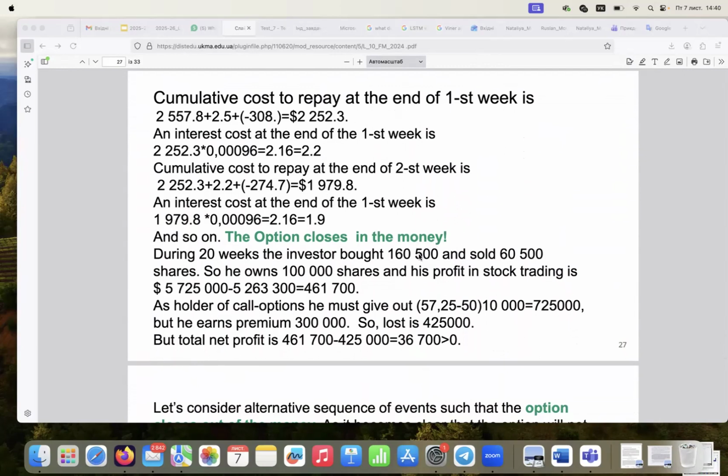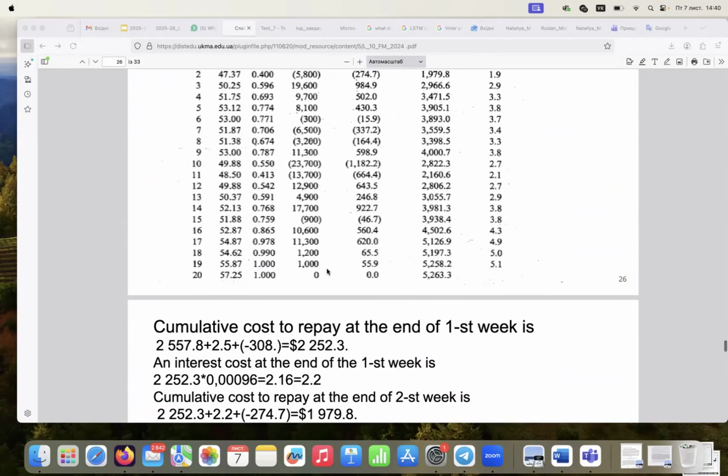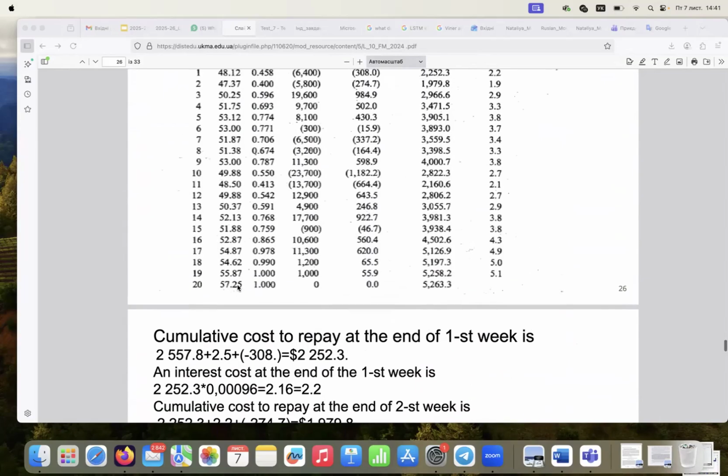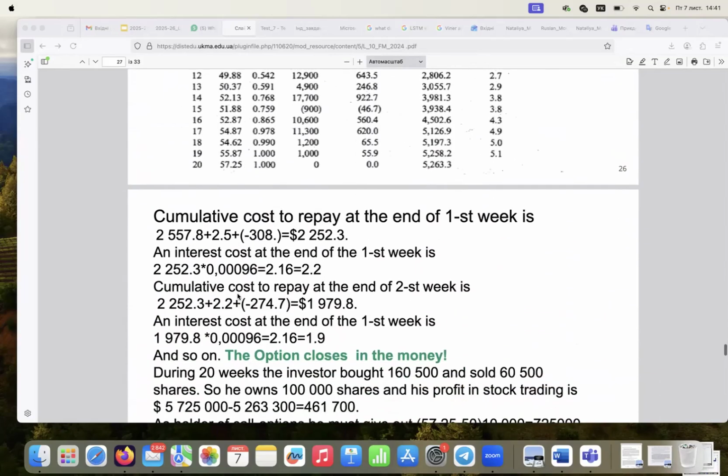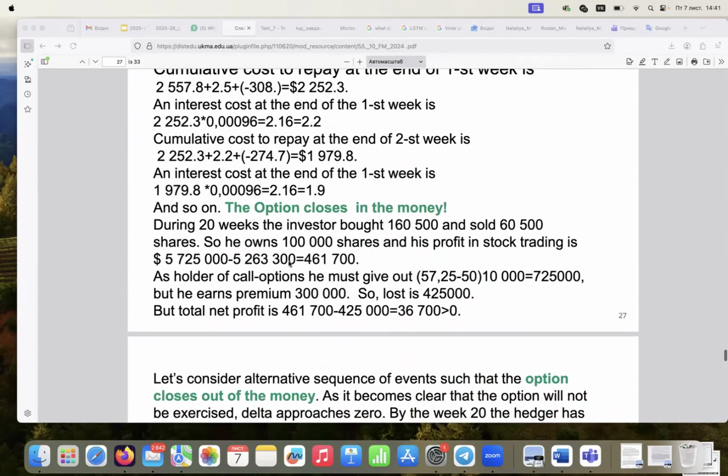This minus this should be 100,000 shares, and we have 100 shares at this price. So we multiply this price by 100 shares, and we have this profit.